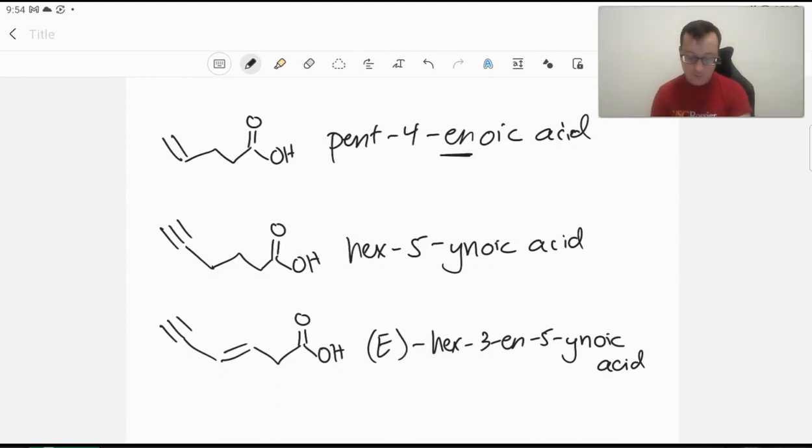So just like before, we'd have all our stereochemistry, all of our locator numbers, everything that we would normally need for having multiple functional groups in a molecule. All that comes together here.